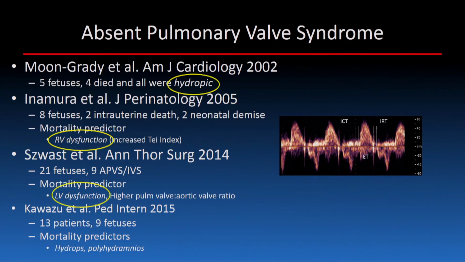Dr. Zwast in 2014, from the CHOP data, looked at 21 fetuses and found that LV dysfunction was a mortality predictor. And then Dr. Kawazu in 2015 looked at 9 fetuses, and again, hydrops and polyhydramnios sorted out to be mortality risk factors.